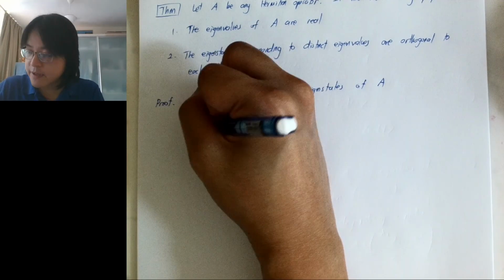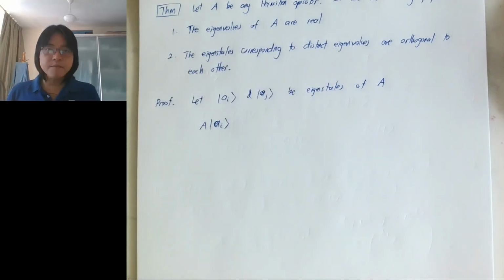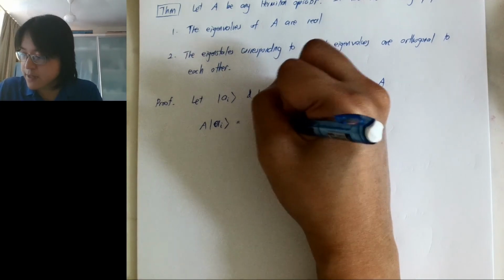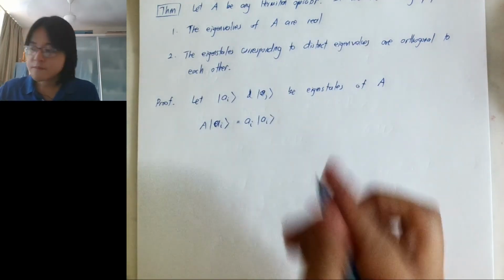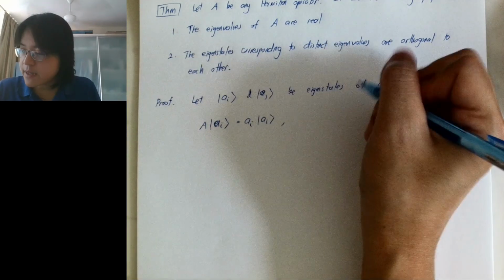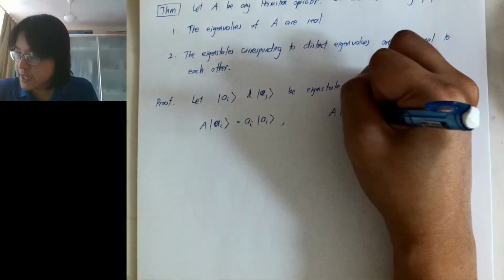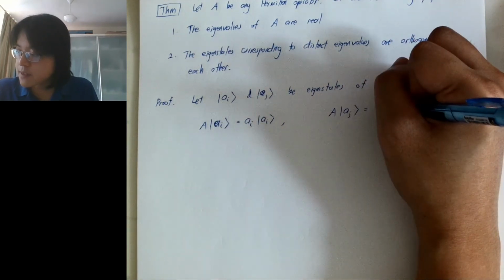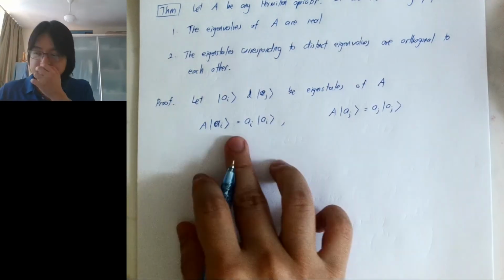That means if A eats the cat |a_i>, it will spit out |a_i> back with the eigenvalue. So let's put the eigenvalue as a_i, the little number a_i. And then the same story happens here. If A eats |a_j>, the eigenvalue a_j comes out and then |a_j>. So these are the eigenvalues.